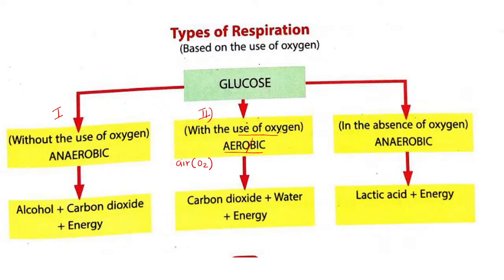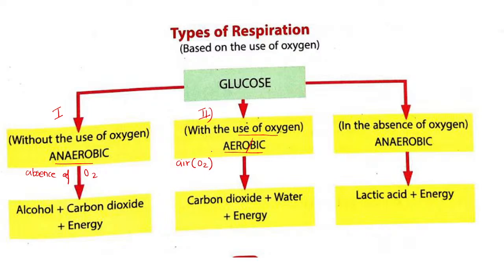What do you mean by the term anaerobic? Just the opposite of that. The respiration process that takes place without using oxygen, or in absence of oxygen, will be termed as anaerobic respiration. Aerobic respiration takes place mostly in organisms like human beings and other animals. Now, what are the end products of aerobic respiration?